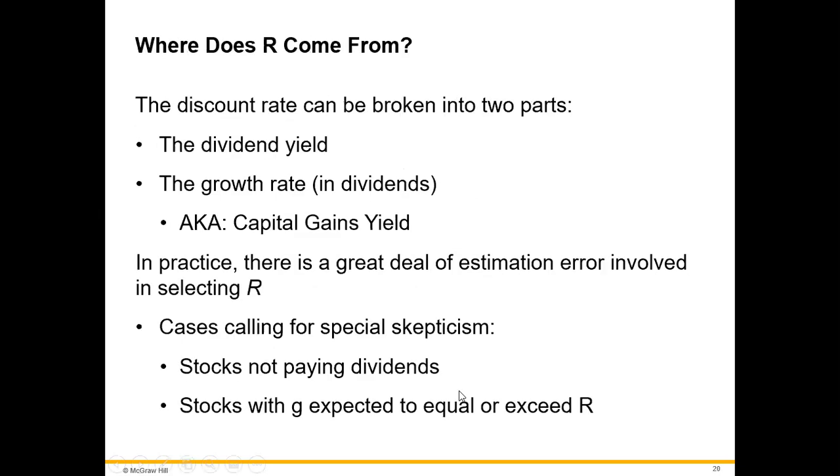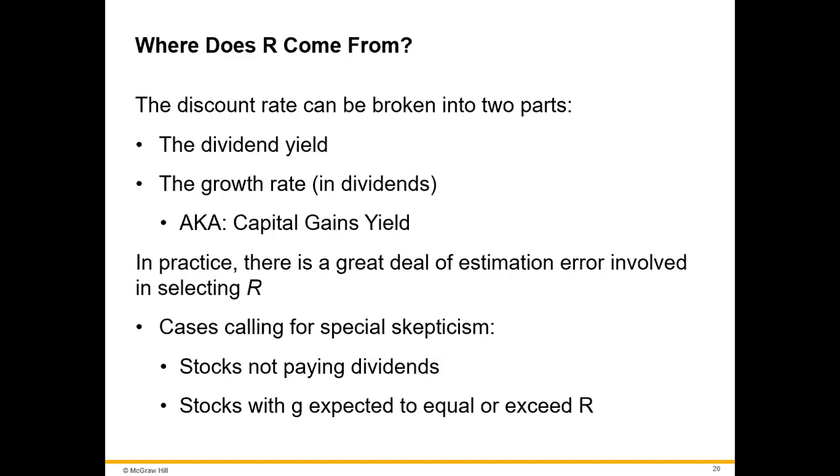Where does this R come from? That discount rate, which we also call the market rate of return. The discount rate is actually two parts. The dividend yield. Remember, the dividend yield is what percentage the stockholder is receiving in dividends, divided by the price of the stock.